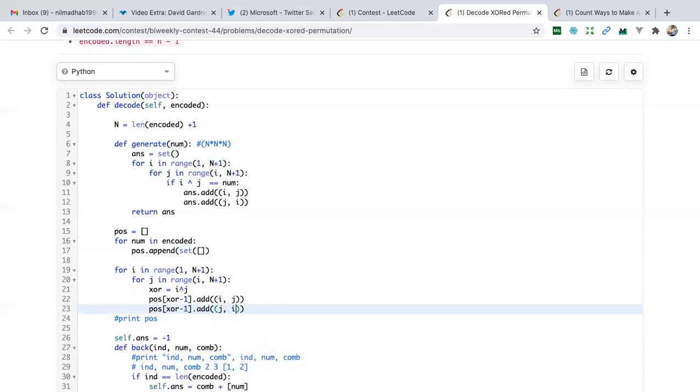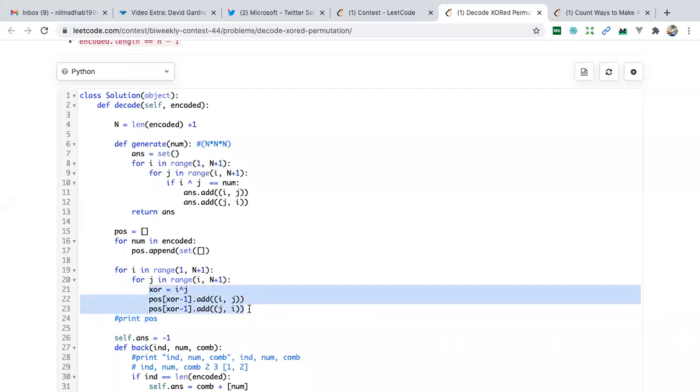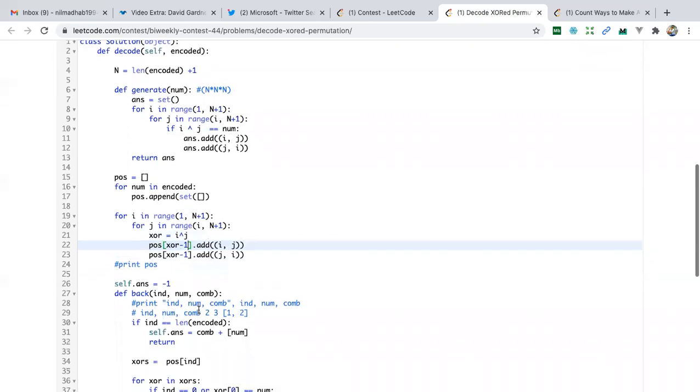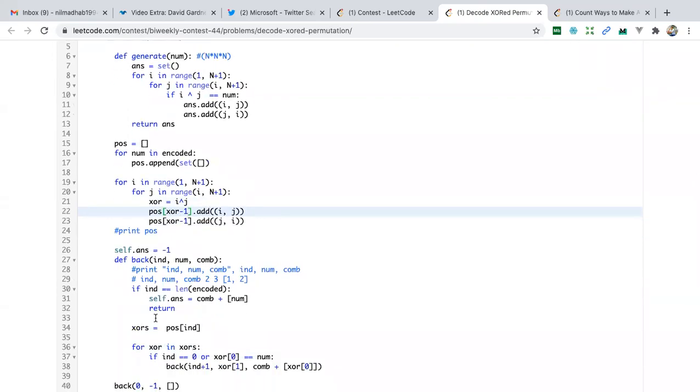We are trying all the combinations of i and j and putting it there. So we got XOR, and do you think it's right? The index, or it should be only XOR? Yeah, it should be XOR minus 1, I think, because XOR is the position of.